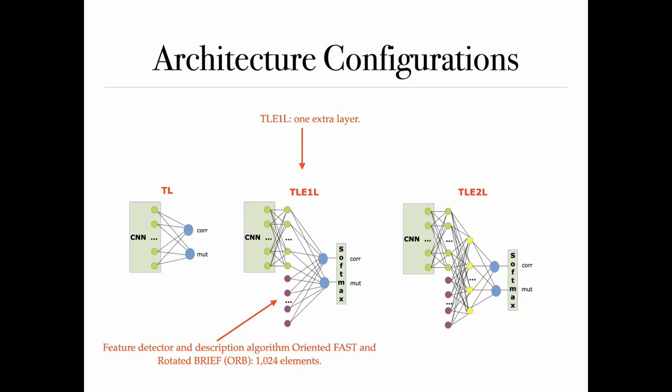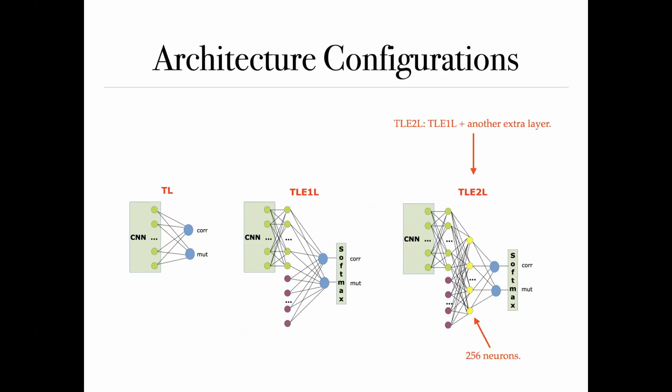In TL-E1L, we have an extra layer in which we obtained 1,024 elements due to the feature detection and description algorithm Oriented FAST and Rotated BRIEF, ORB. For each image, we get these extra elements. Finally, in TL-E2L, we have another extra layer with 256 neurons, the yellow ones, right?